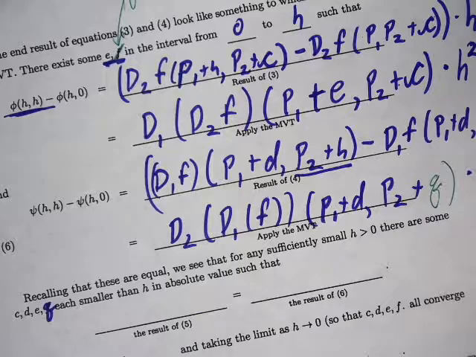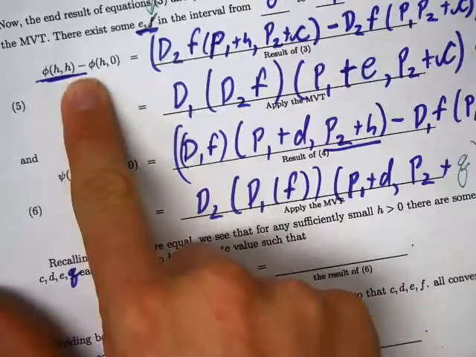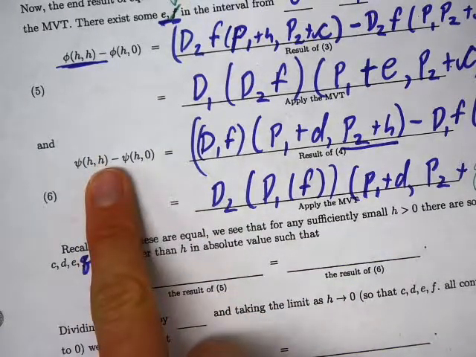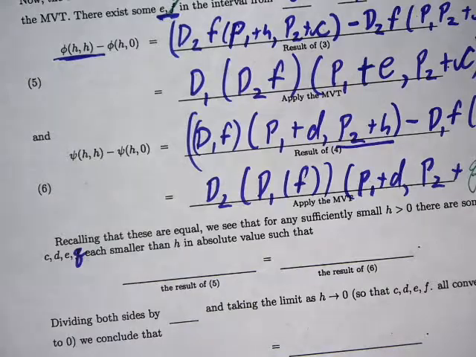But remember, the whole point, the thing that I had you guys check, is that this is equal to that. So that means that the right-hand sides have to be equal to each other.